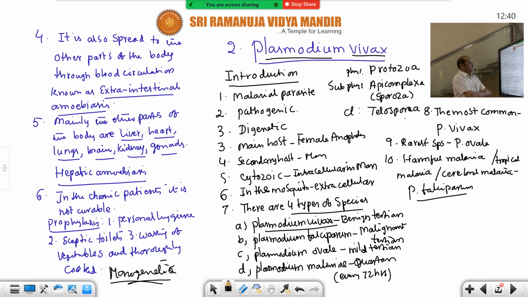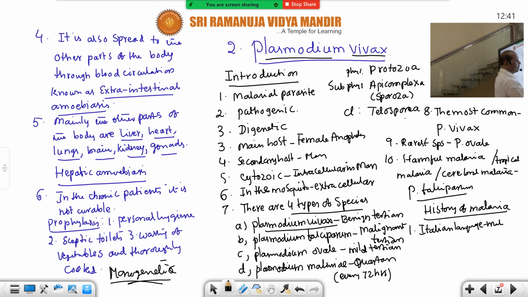Ten introductory points are there regarding Plasmodium vivax, including classification and systematic position: phylum Protozoa, subphylum Apicomplexa, class Telosporea. Then the history of malaria. The term malaria is derived from the Italian language.